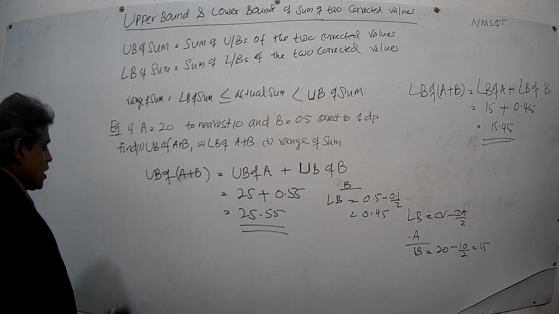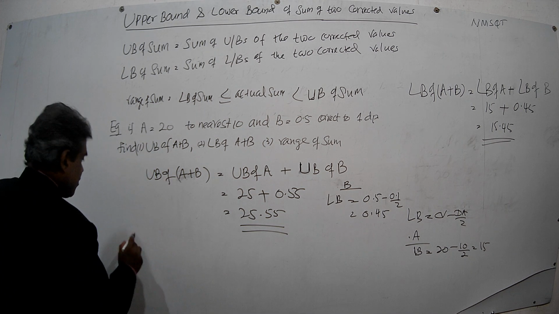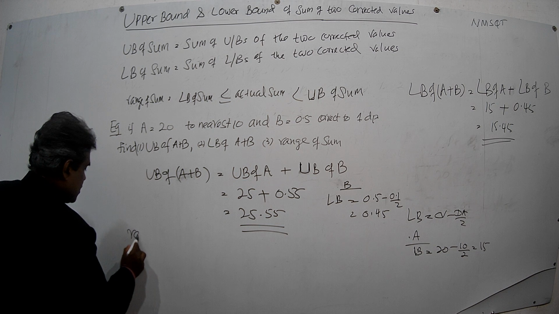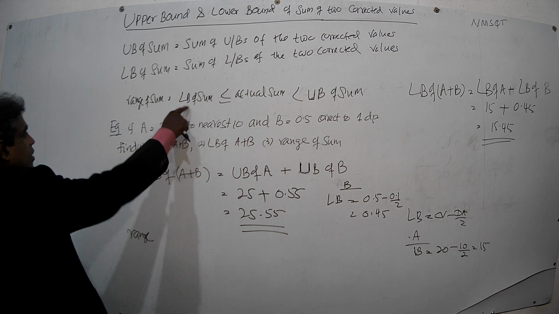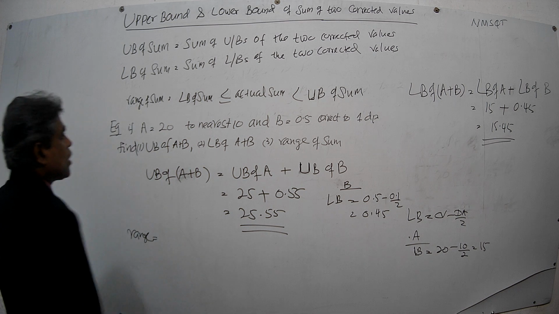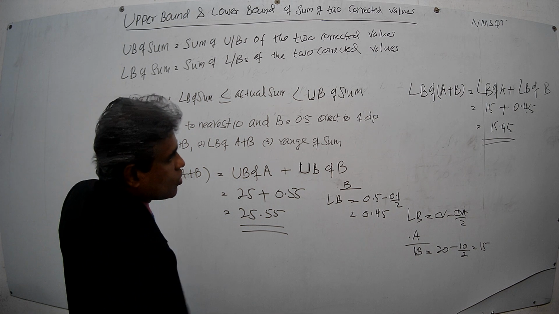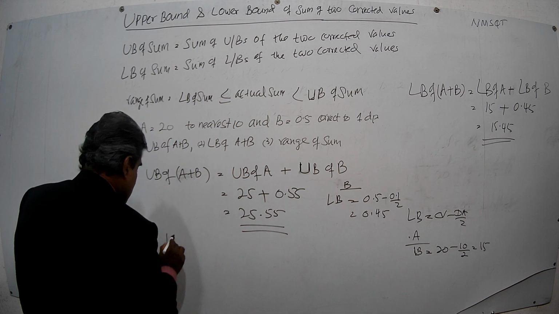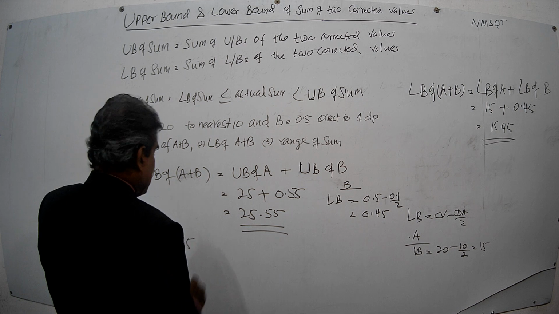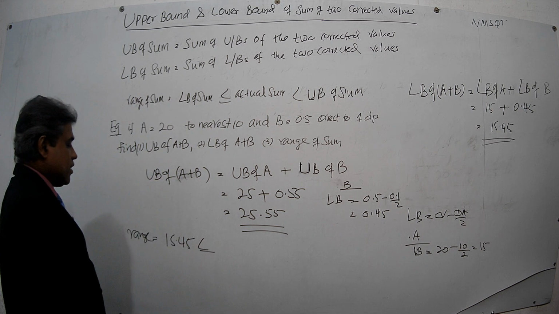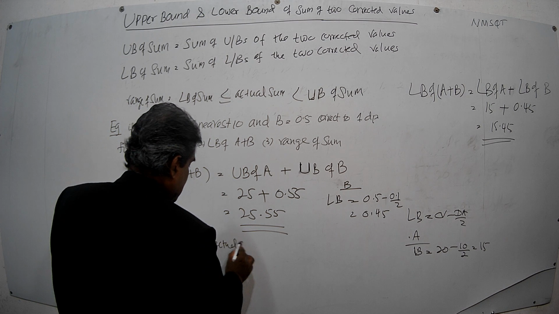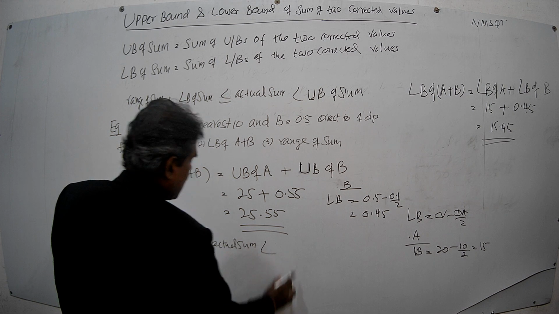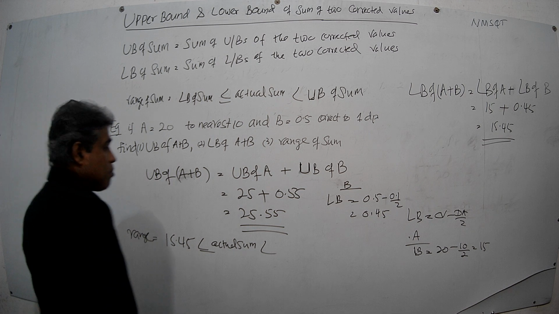Now the range of the sum. How do we write it? Look at the lower bound of the sum, which is 15.45. Then less than or equal to the actual sum, then less than the upper bound of the sum.